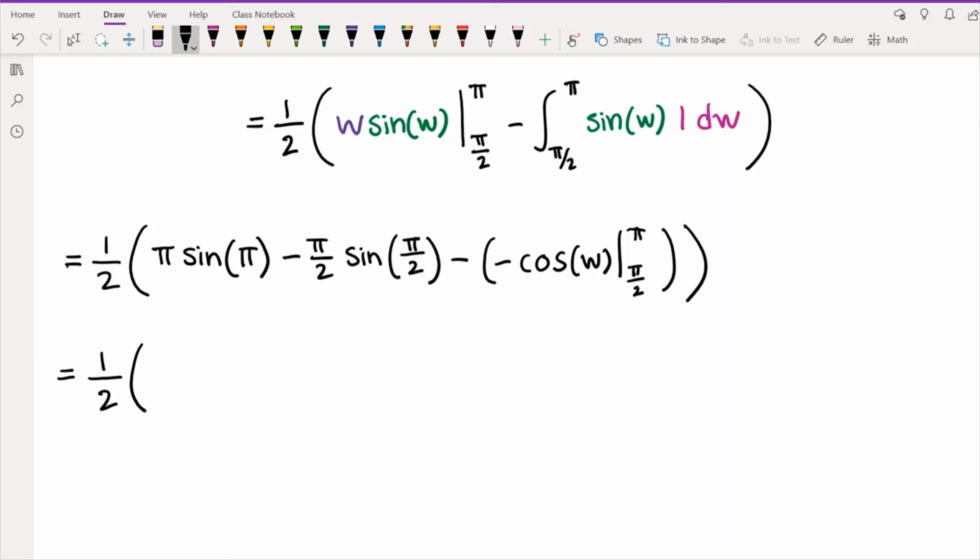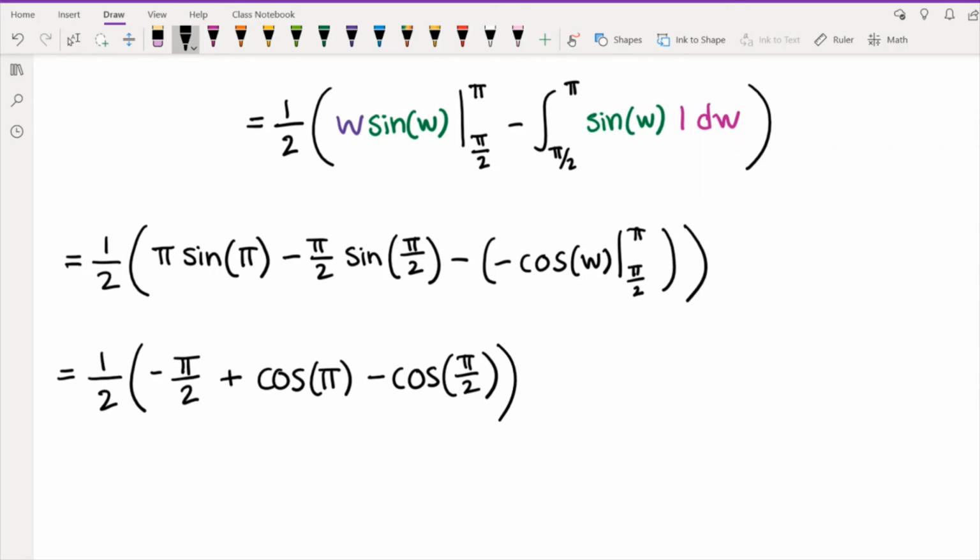Okay, so what is sine of pi? Well, if you go to an angle of pi, the y coordinate there is 0. And so sine of pi is just equal to 0. Sine of pi over 2 is equal to 1. So we're going to get a negative pi over 2. And then over here, we're going to have plus, so let's do plus, and then we're going to evaluate cosine at pi, and then cosine of pi over 2.